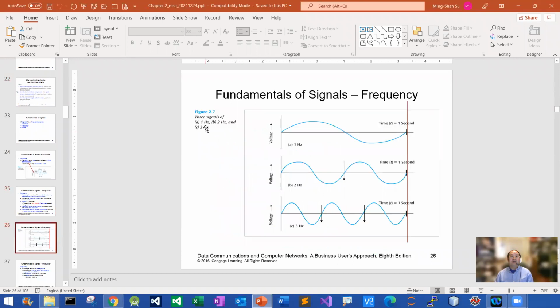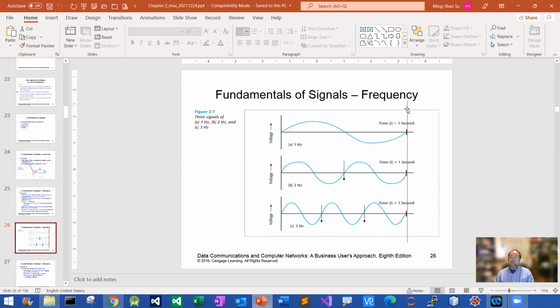Figure 2-7 shows three signals: A is 1 hertz, B is 2 hertz, and C is 3 hertz. Again, the frequency represents the number of cycles completed within a given time interval.